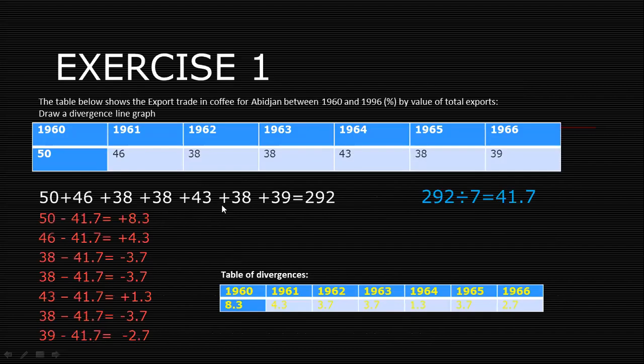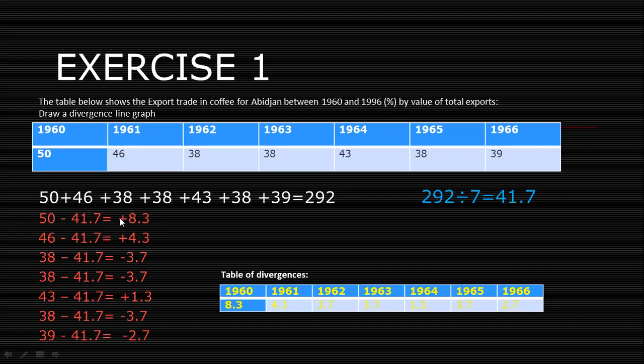Let's go there. This is our value we have got, and this is our average. Now for the values for 1960, we are subtracting the average from 47.1, the individual value we have been given. We are subtracting the average that we have calculated to give us the answer. If we get 50 minus 41.7, we shall get 8.3.